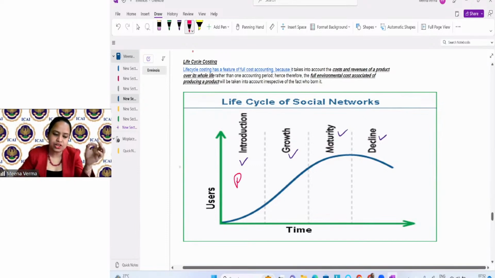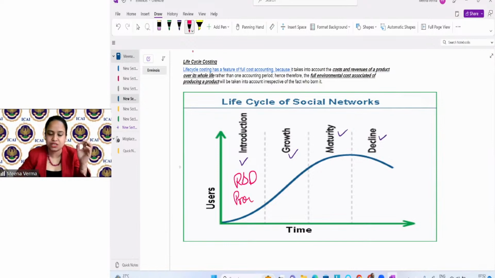During introduction, research and development, you have huge promotional expenses for the sale of the goods. During this process, you will check what internal environmental prevention cost, appraisal cost, internal failure cost, and external failure cost you have incurred. Then during the growth stage, what are the environmental costs? Again in maturity stage, and similarly in death stage, you will check what prevention cost, appraisal cost, internal failure cost, and external failure cost you are incurring.